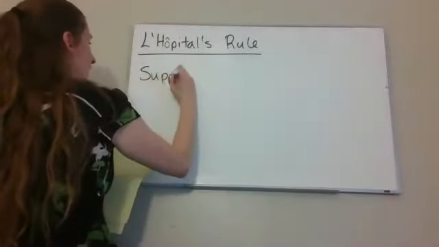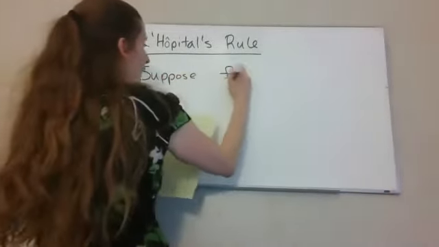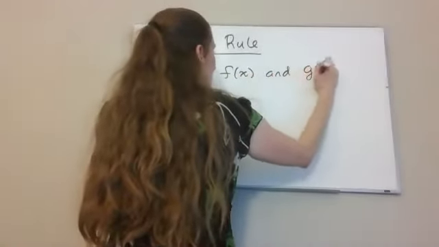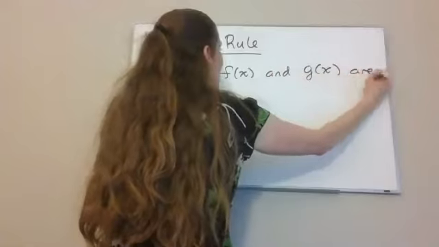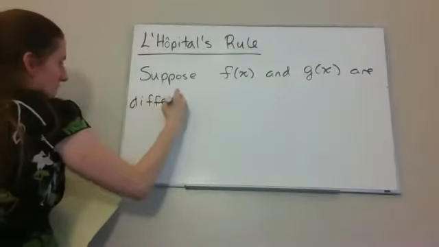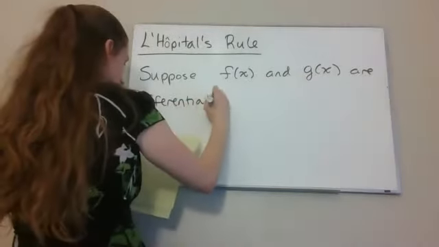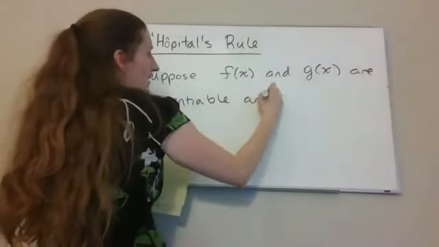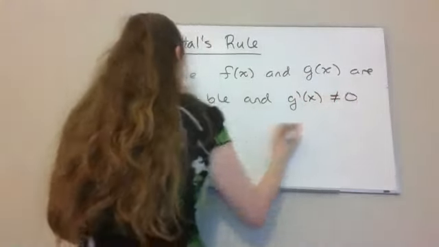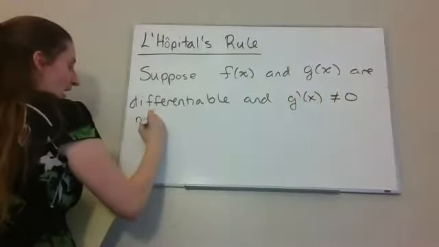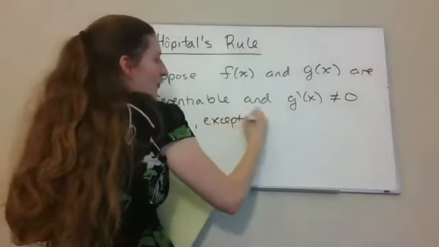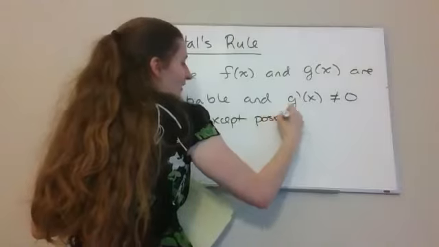It says, suppose that f and g are differentiable functions and that g prime of x is not equal to 0 near a, except possibly at a.